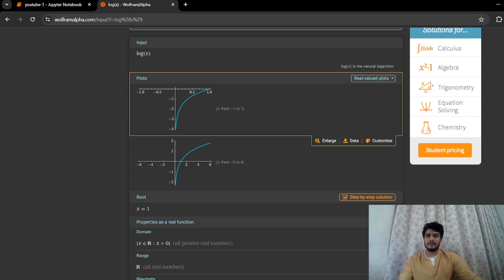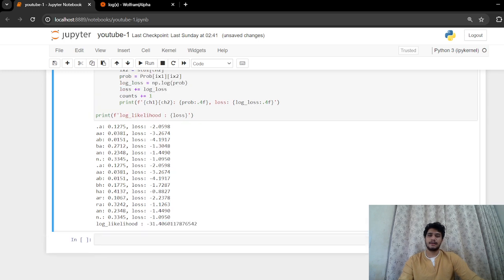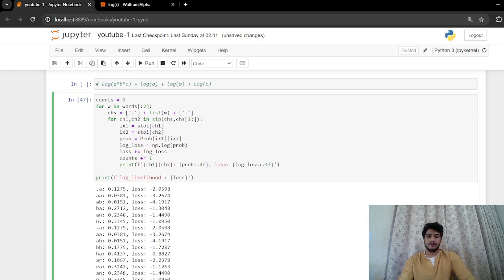So this is desirable, but a loss cannot be a negative number, right? Because we always want to minimize the loss in machine learning. So that's why what we deal with here is the negative log likelihood. So we'll just print the negative log likelihood, which is minus the loss.